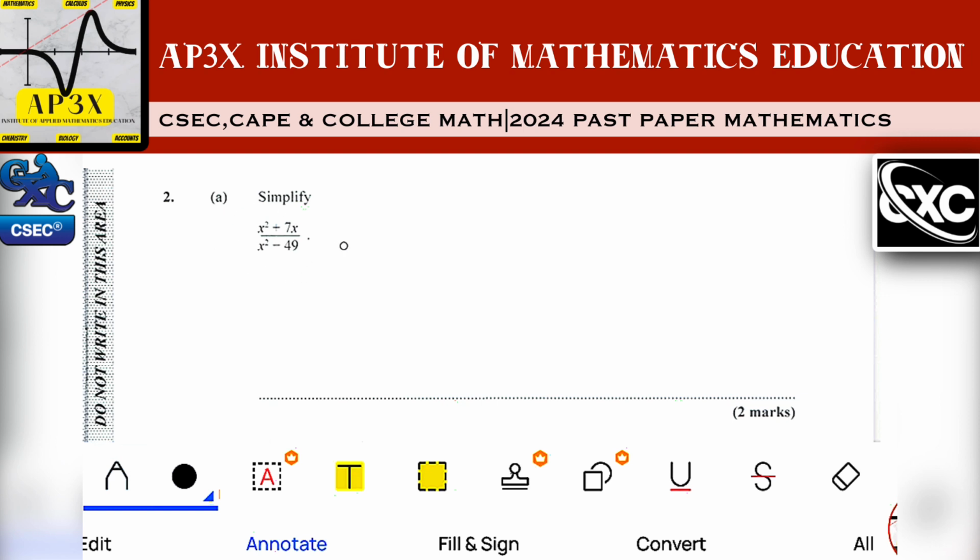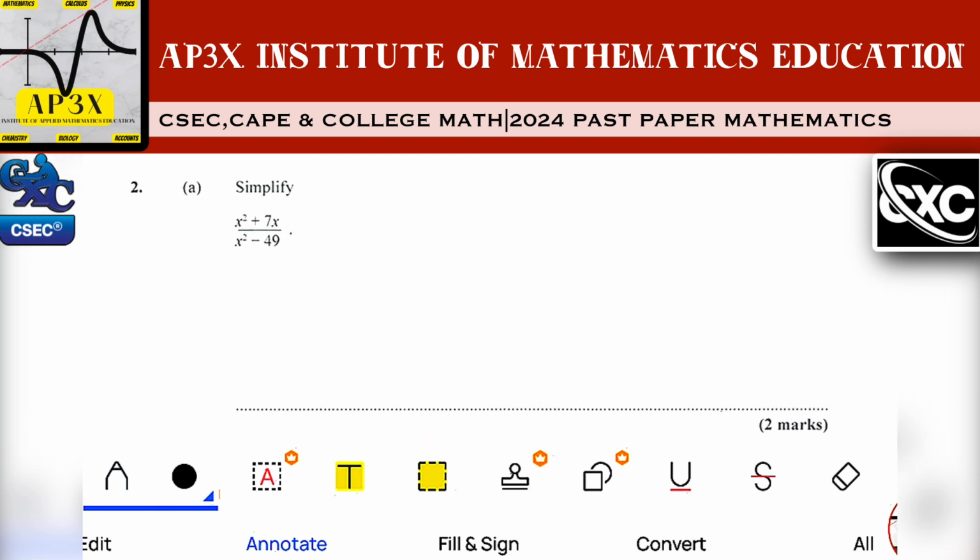Now it looks like we may have to do some factorization here, because if you look carefully at the top, there's a common factor of x. So x divides into x squared x times, and x divides into 7x 7 times, and that's all going to be divided by x squared minus 49.